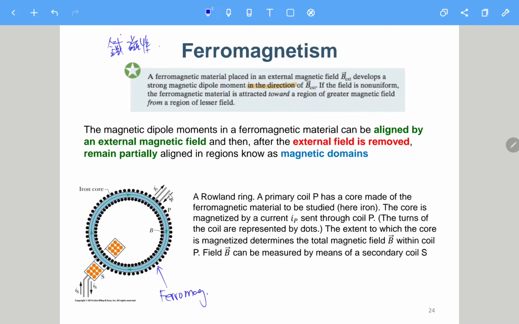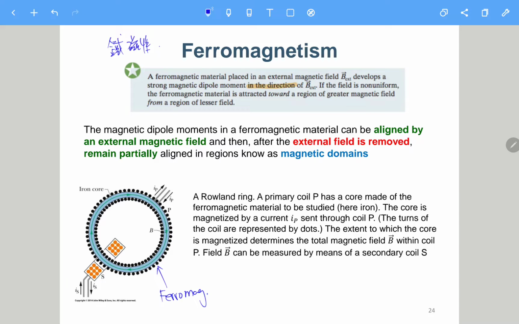So we try to magnetize the ferromagnetic material. Of course, when we have current going through it, it generates some magnetic field, and the ferromagnetic material works like a memory.